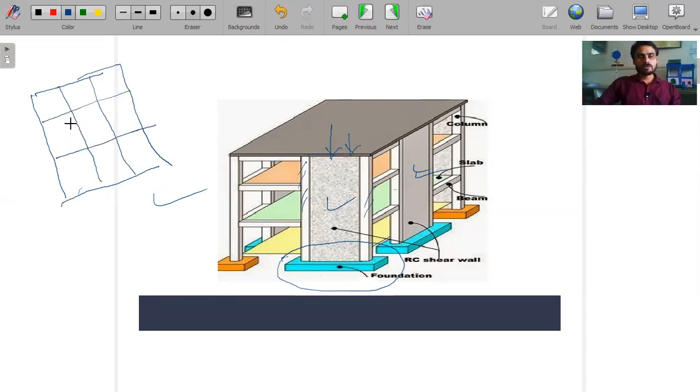The exact location for the shear wall will depend on the area where we are constructing our structure, the magnitude of load, and the magnitude of earthquake that generally occurs in that area. On the basis of a lot of factors, we decide the location of a shear wall. Shear wall will be placed at such a position that it ensures maximum lateral stability to the structure. That is the plan.